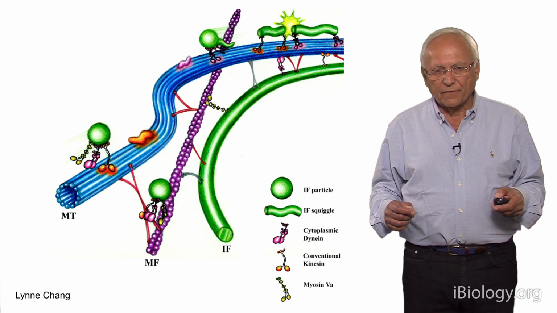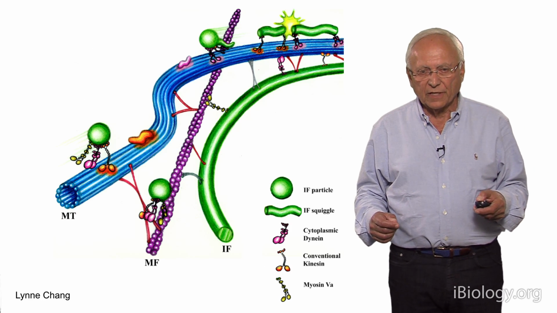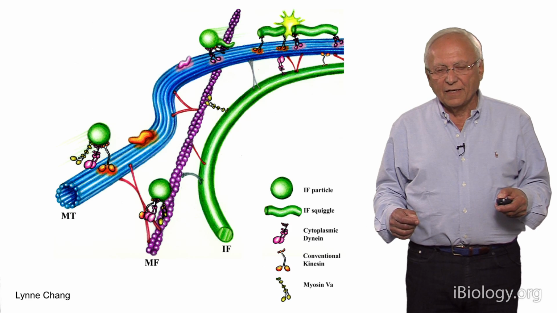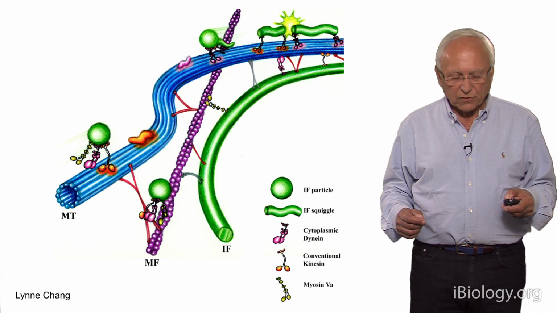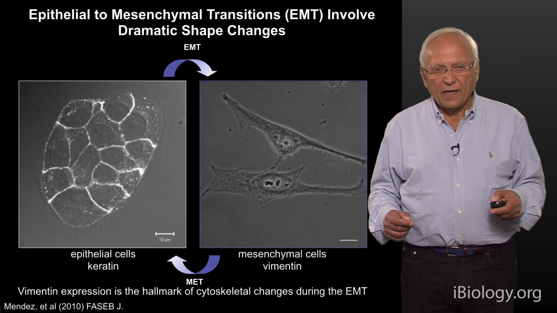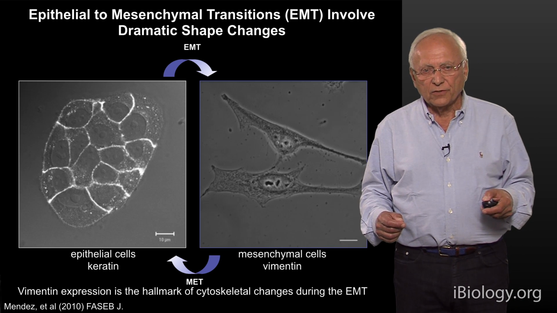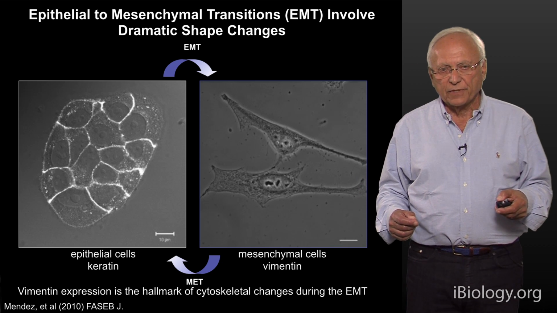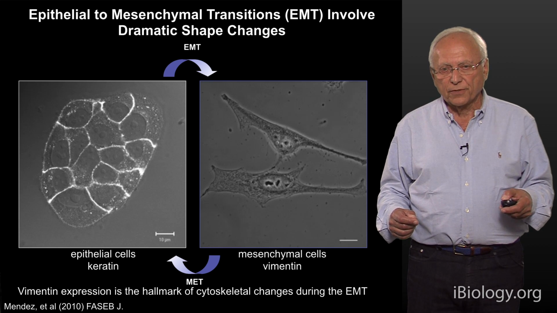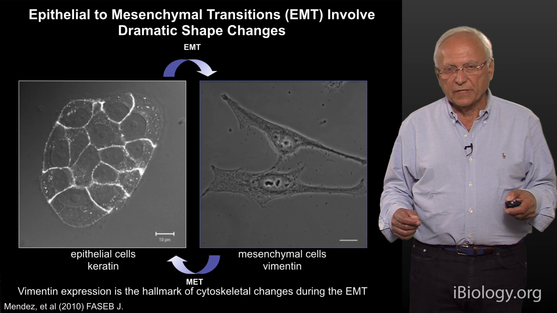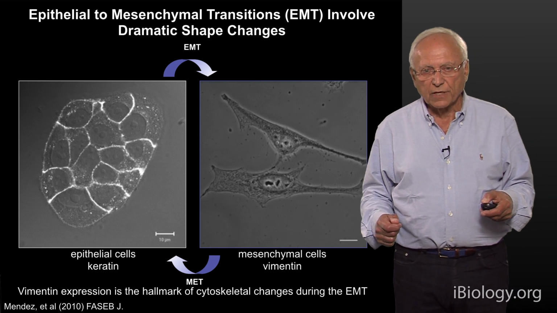Now that I've demonstrated that intermediate filaments are dynamic, let me go on to say that intermediate filaments are also very important in cell shape. And this is no better depicted than in the epithelial to mesenchymal transitions that take place both in early development and in the conversion of tumor cells to metastatic tumor cells, or benign tumor cells to metastatic tumor cells.